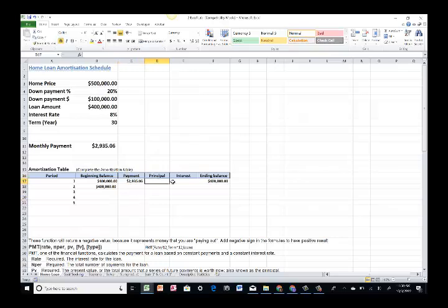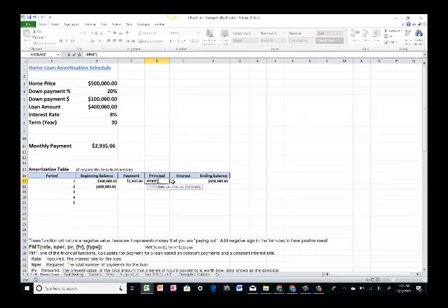Let's do principal. It's the amount you pay every month as a part of your loan. This is the amount you're reducing your loan amount by monthly. There's a special formula for principal in Excel as well, and the abbreviation for the formula is PPMT, principal payment.